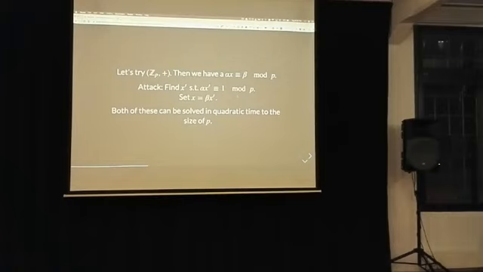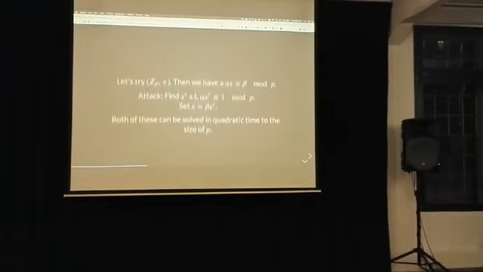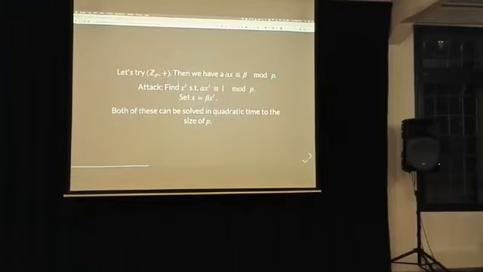Then we have alpha times x is equal to beta mod p, because if the operation is addition, then if we perform addition x times, we obtain x times alpha. So the problem is alpha times x is congruent to beta mod p, and how can we solve that?